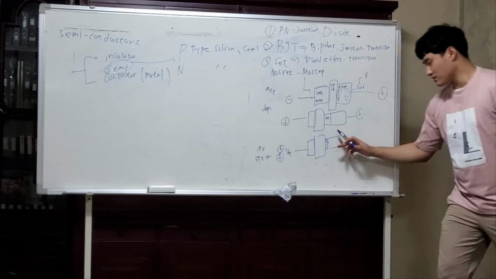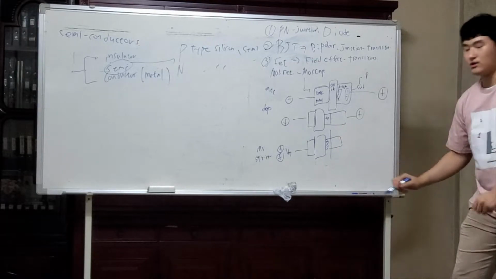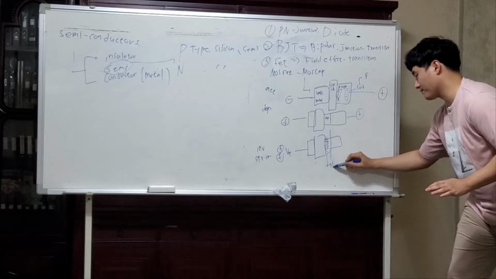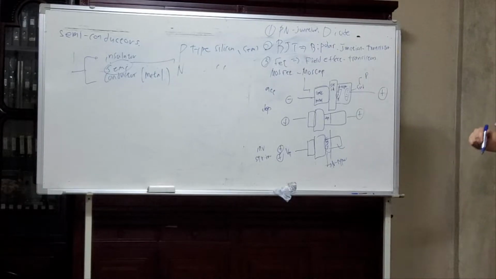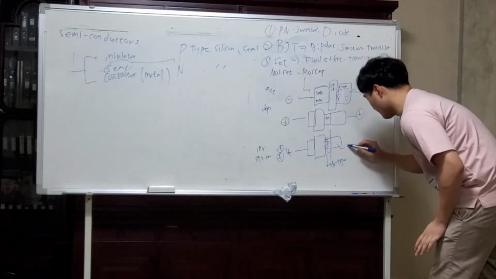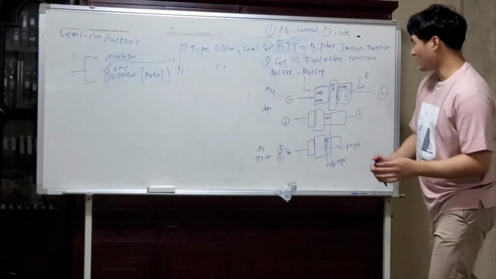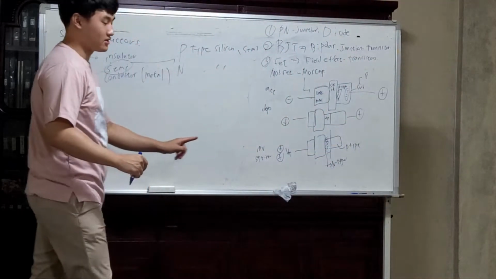If we look closer, the part between the oxide and the substrate surface will work as N-type, and the rest of the base will work as P-type substrate or silicon. So this is how we see the MOSFET and how it works.